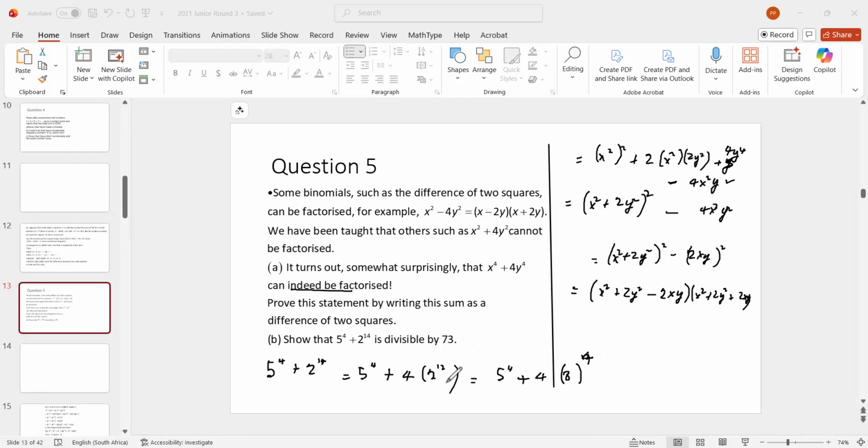So that's exactly what I've got here. But now this is glaring at us in the face because you've got x to the 4. The 4 is there. And then you've got y to the power of 4. So x is equal to 5 and y is equal to 8.